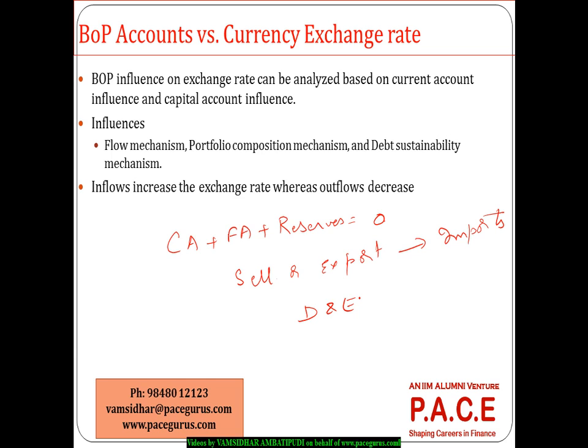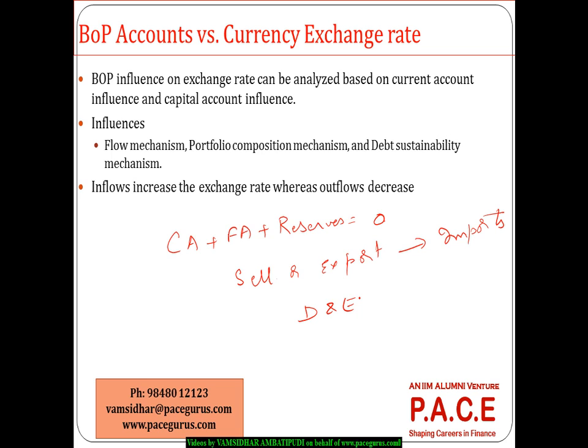When we are talking about the current account, there are so many influences that can come on the current account relating to the cash flows that are coming through our exports and imports process.